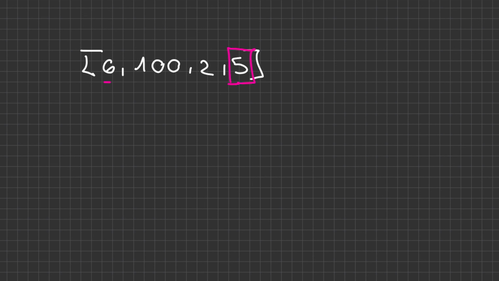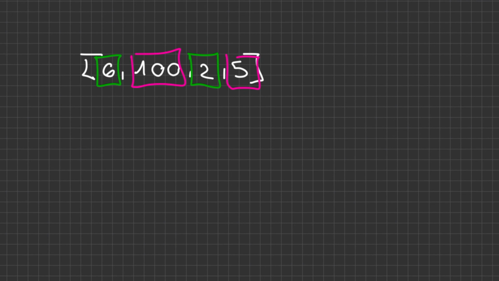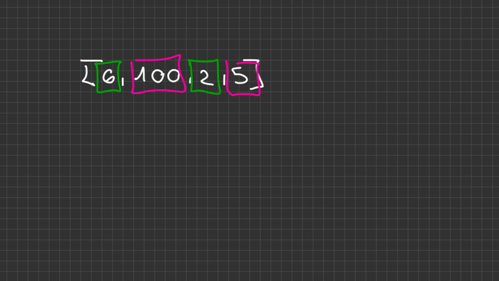So assume she picks the 5. In the next round, Bob can now choose between 6 or 2. But either way, it doesn't matter which he picks. He will always lose against Alice because Alice gets to the 100. Now there are 2 pairs here, a green one and a pink one, and we know one is greater than the other because they cannot be the same, because if they were the same, this would imply that there is an even amount of stones, but there is an odd number of stones here, so one pair must be greater than the other.